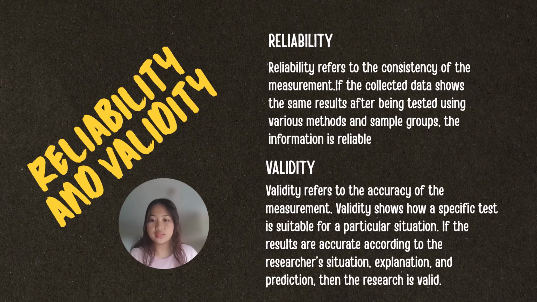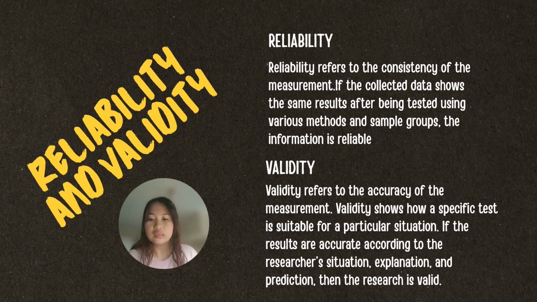So next is reliability and validity, which was already discussed in the previous module. Reliability refers to the consistency of the measurement. If the collected data shows the same results after being tested using various methods and sample groups, then the information is reliable.